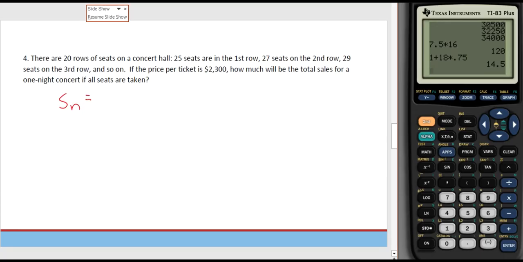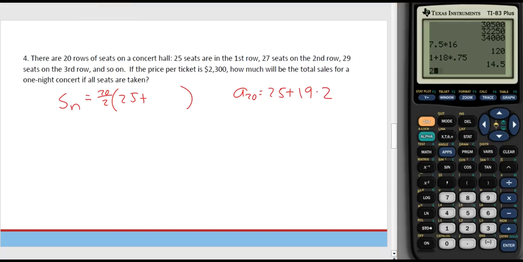So I am going to take my N over 2. So 20 rows over 2, 25 for the first term, except I don't know the last term. So I have to use the formula. A20 equals 25 plus N minus 1 times the common difference of 2, right?